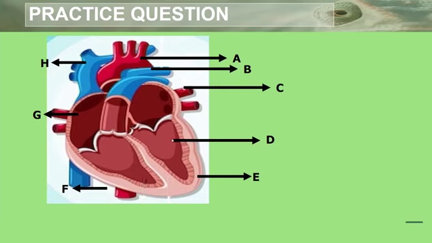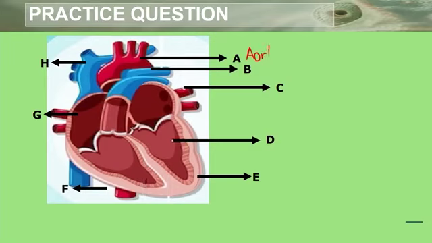Here we are going to label our diagram. As A, we have the aorta. B, we have a blue blood vessel, and it's branching out in the two directions. So that shows us that that is our pulmonary artery.